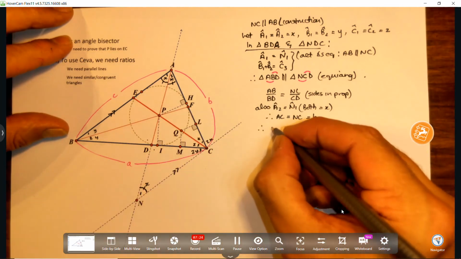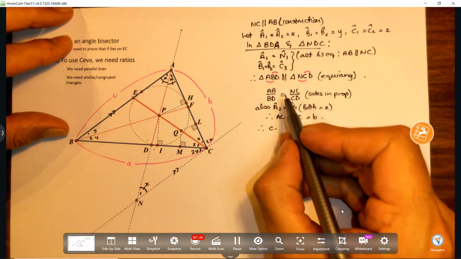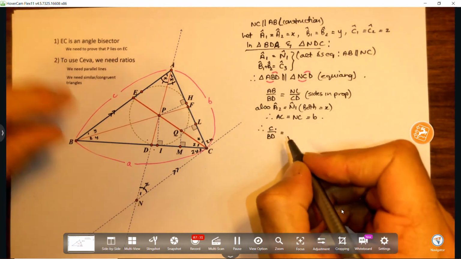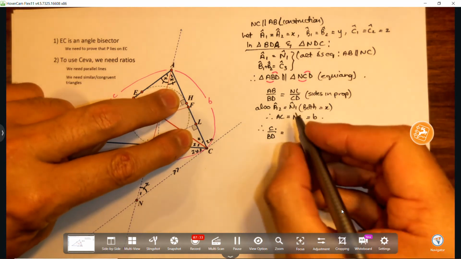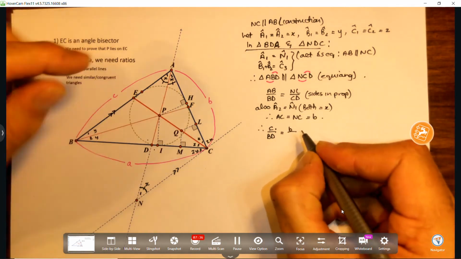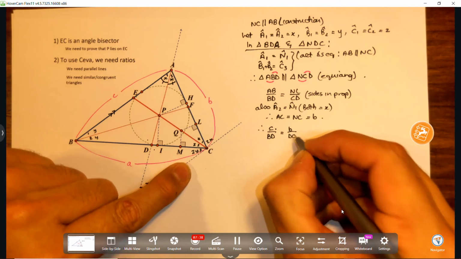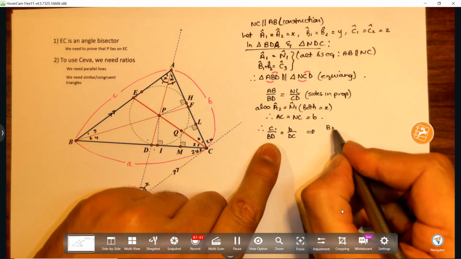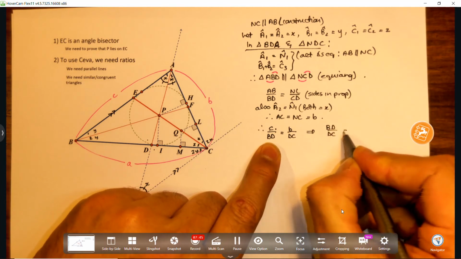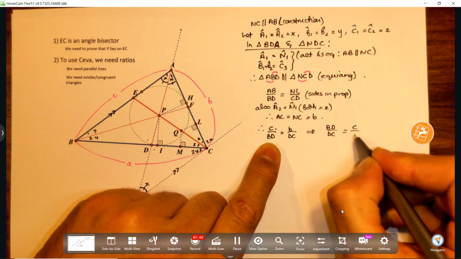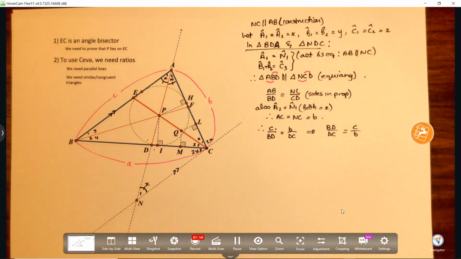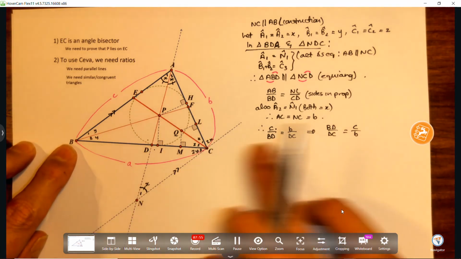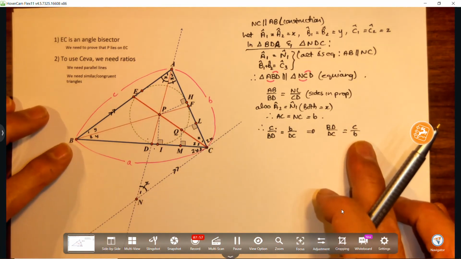AB is C, so I've got C for AB over BD is equal to NC, which is AC, and that is B over DC, or CD. So what I want is BD over DC, and BD over DC will be C over B.